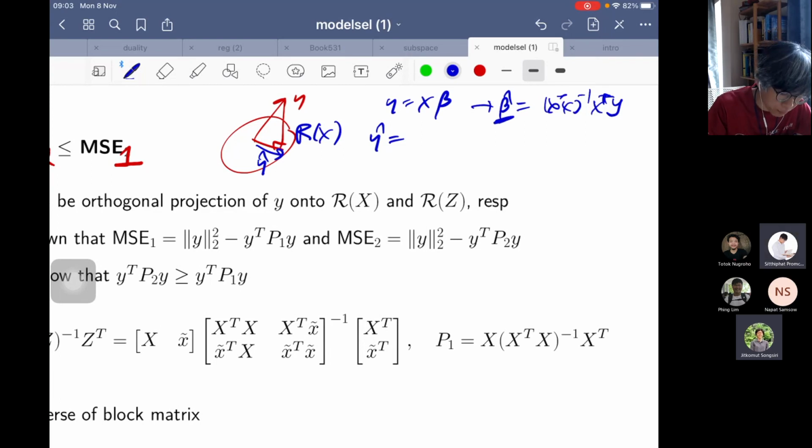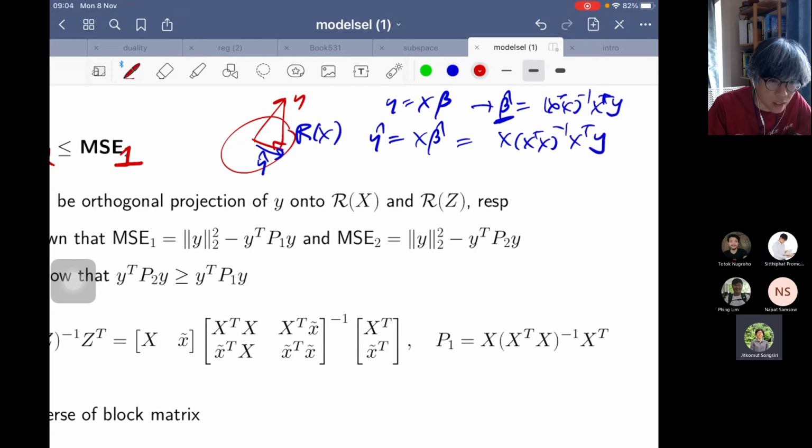Multiply with X. So X multiplied by (X transpose X) inverse and X transpose Y. So what is your orthogonal projection matrix? X times (X transpose X) inverse X transpose. Yes, so this is the matrix P, the orthogonal projection.